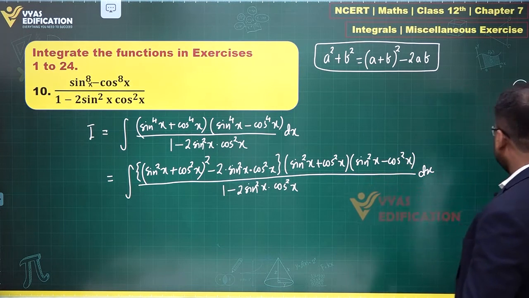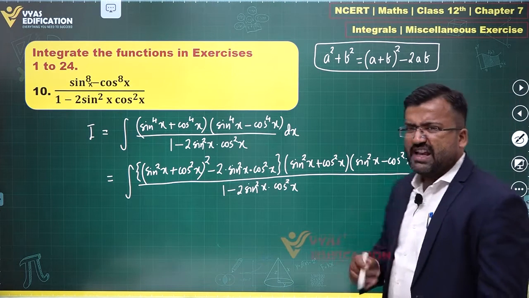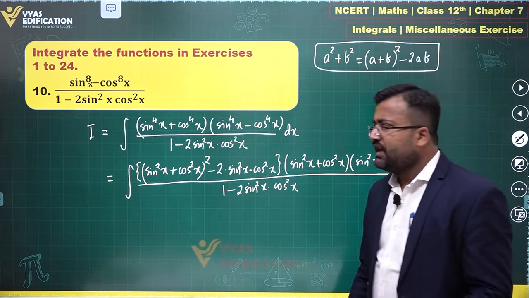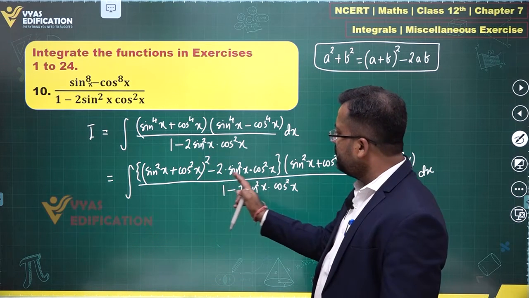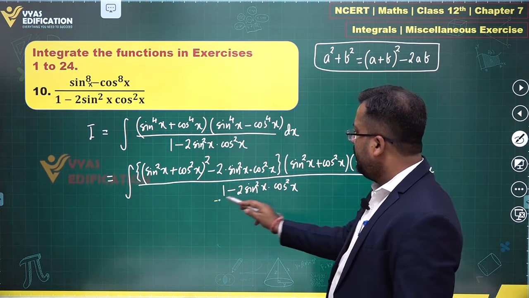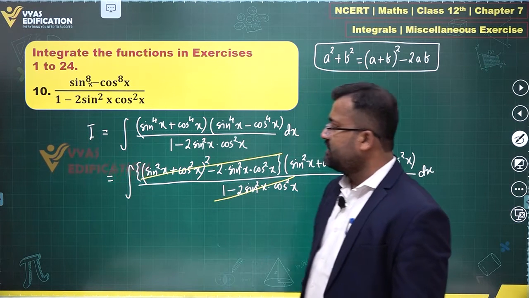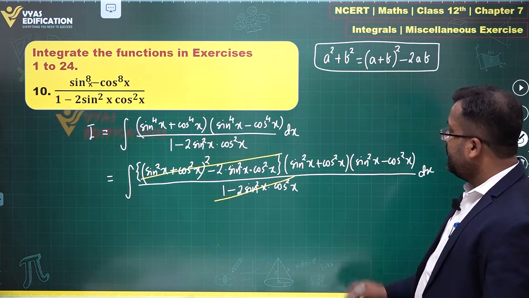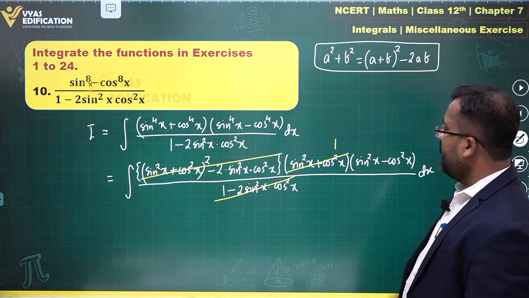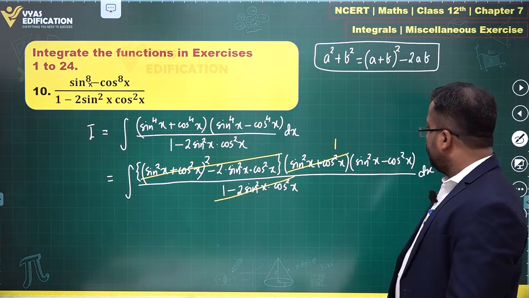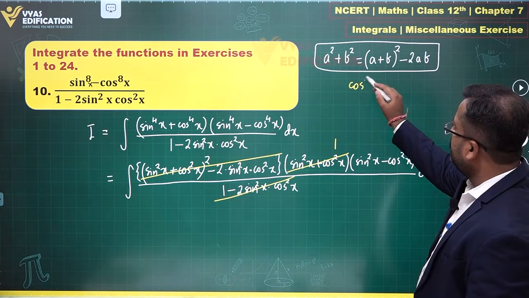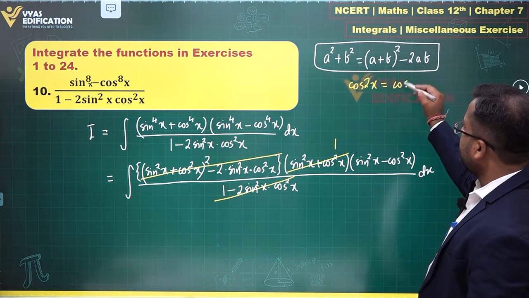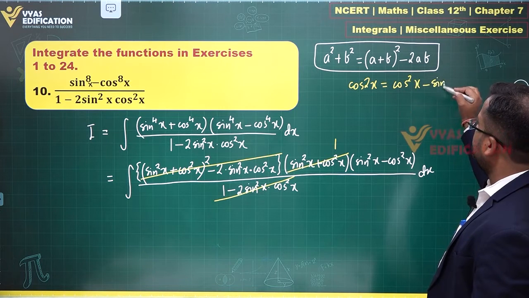Now, what next? Sin square x plus cos square x is equal to 1, right? So this will be 1, and 1 square will be 1. 1 minus 2 sin square x cos square x, this and this will get cancelled. Sin square x plus cos square x will be 1. So what we are remaining with is sin square x minus cos square x. But we know that cos 2x is equal to cos square x minus sin square x.